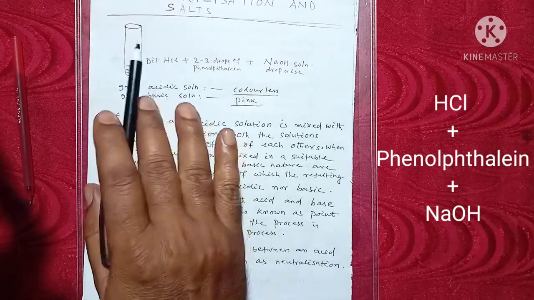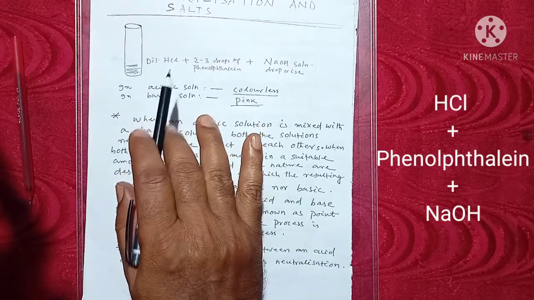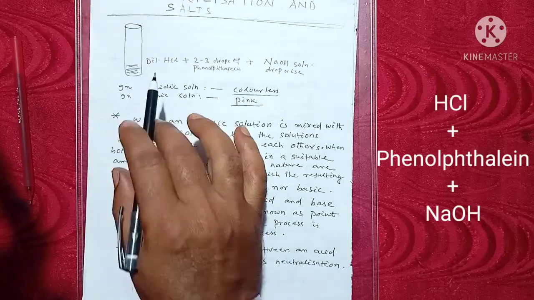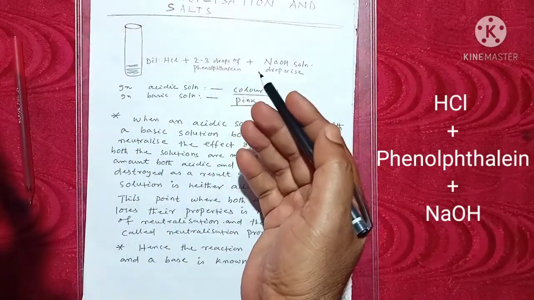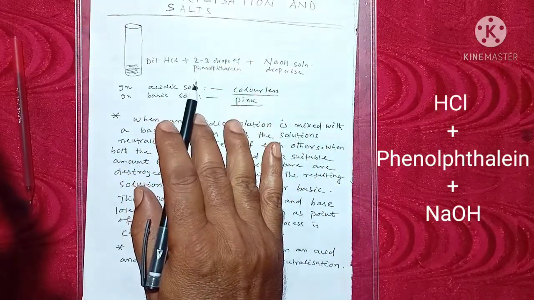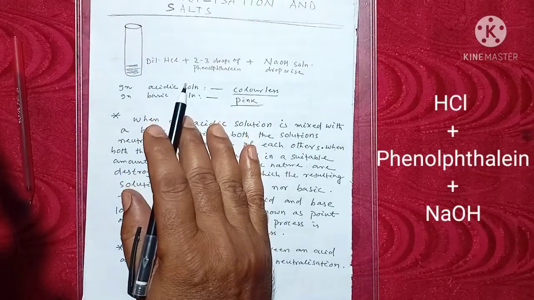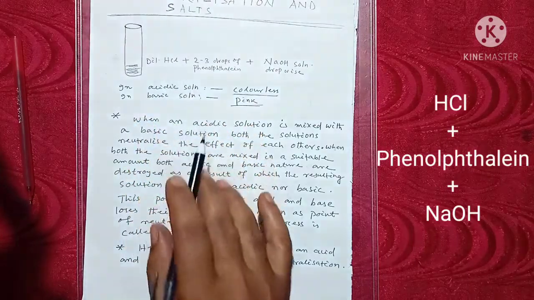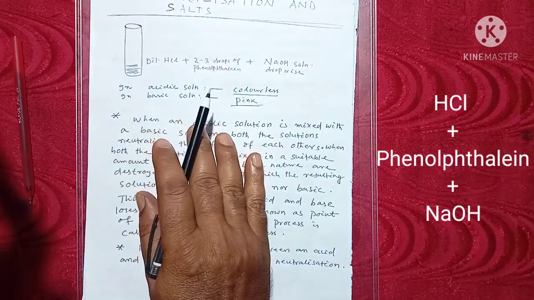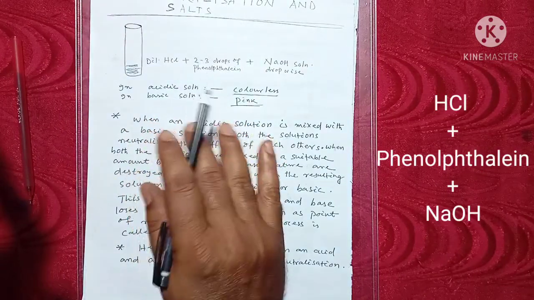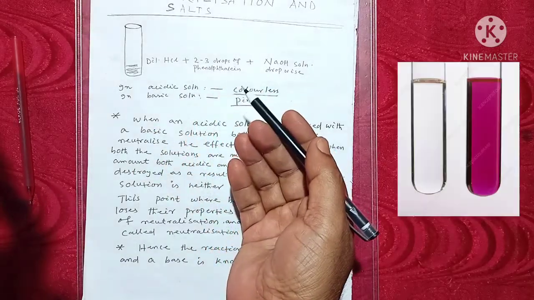If we continue this process, we shall get a pink color for some time, then it will dissolve again and become colorless. If we keep adding sodium hydroxide, a point will come where the solution becomes permanently pink.